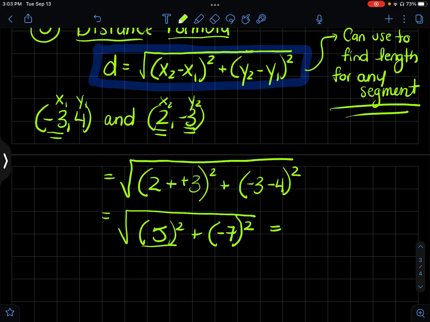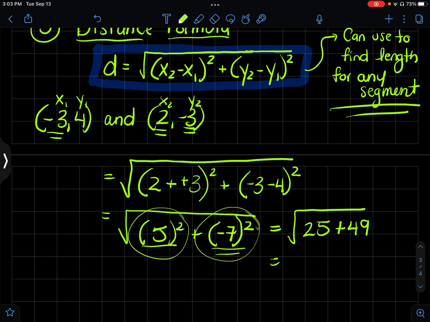Now, 5 squared is 25, still under the radical. -7 squared, remember that's the same thing as saying -7 times -7. So that's going to give you a positive 49. Being that you're squaring both instances, you should never have a negative when you get to this step here. 25 plus that 49 is going to give us the square root of 74.